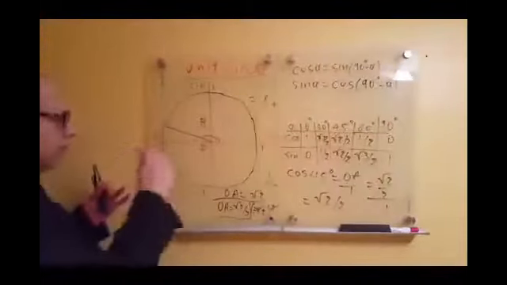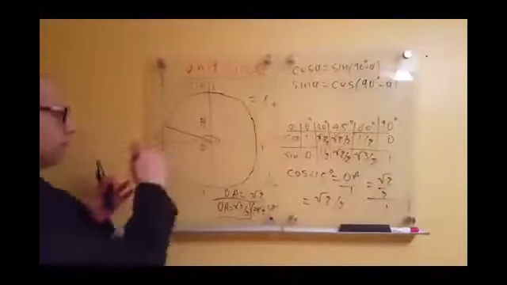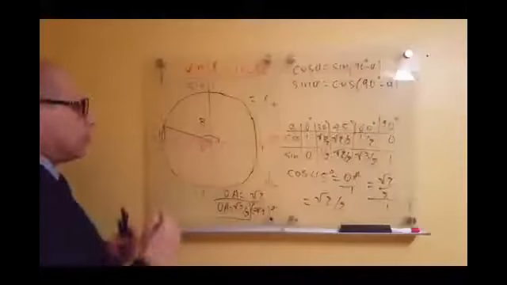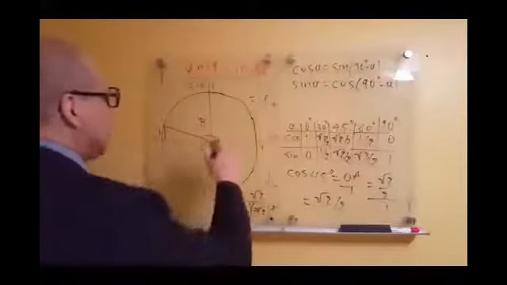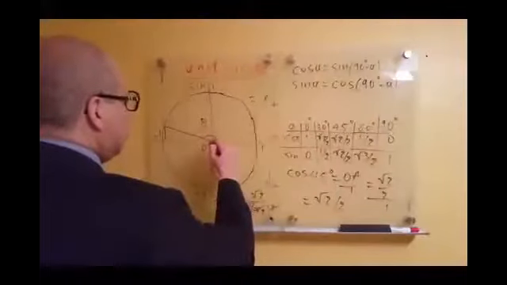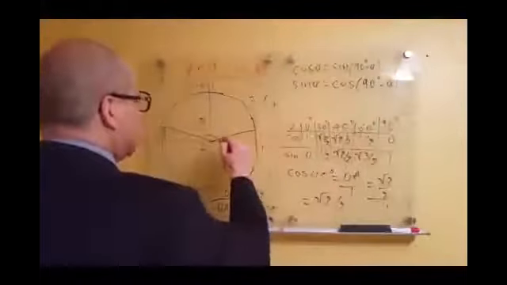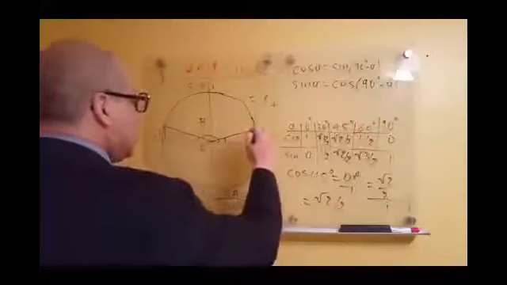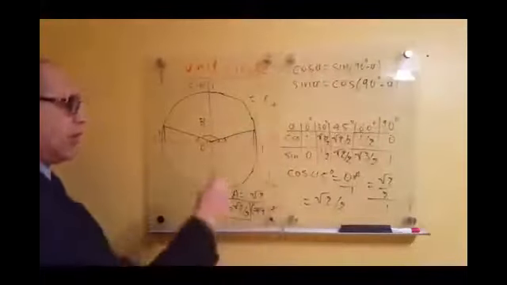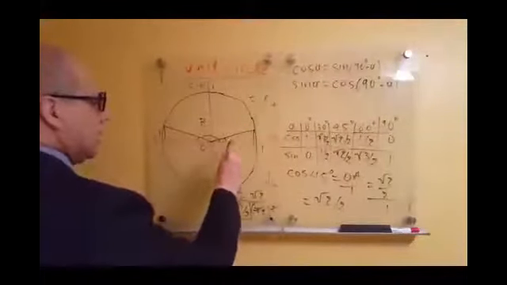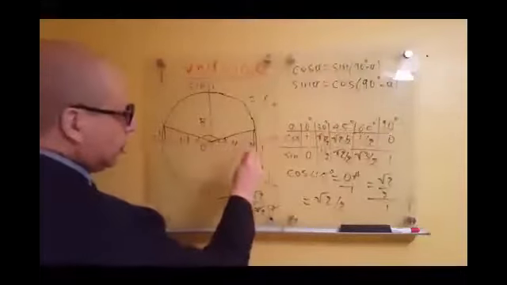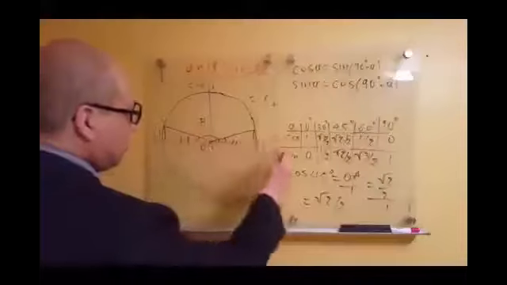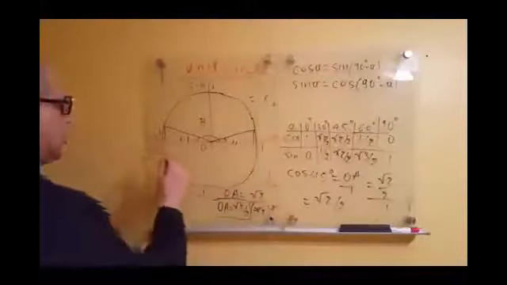So what you can see here is what is the cos. The cos will be this segment here, from this point to this point. If you do this angle here, which this and this are equal, and you bring this, you have that this segment and this segment are equal, but the one is positive because from here to here is positive, and from here to here is negative.